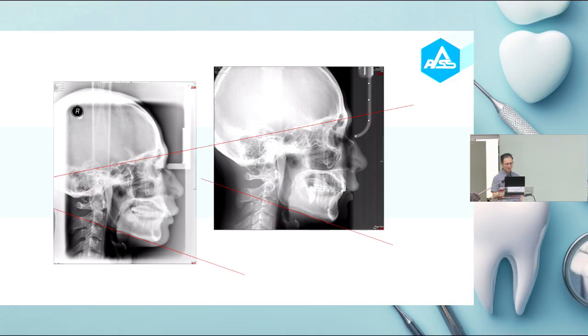Comparing the lateral cephalogram before and after treatment with SN as a reference, we found that the mandibular plane angle didn't increase. So extruding molars is not so easy to achieve in a low angle case.